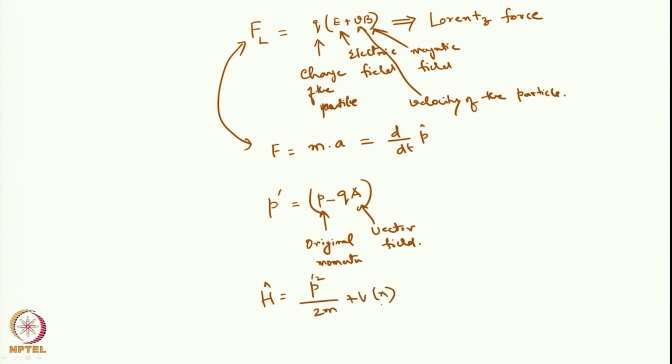We considered only the x direction, and after doing the necessary math, we came across the equation in which H prime of t is given by i h bar q by m, A dot del. Minus i h bar del is nothing but the operator p.